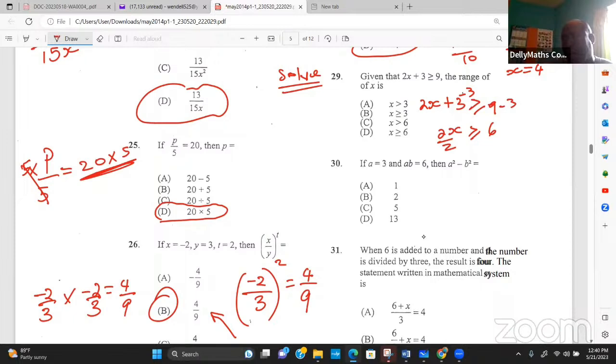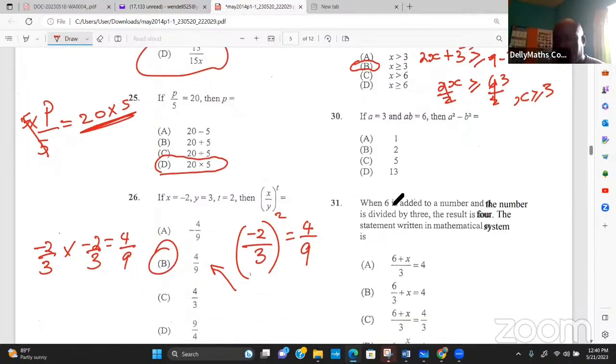Then I'm going to divide by 2. There it is. So x is greater than or equal to 3. I'm looking for that. Be careful. D. Look at A, look at B. Be careful. Look closely at the symbols, all right? So you don't make the errors. All right, keep working, keep working.